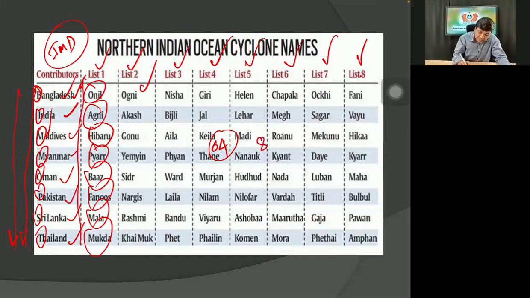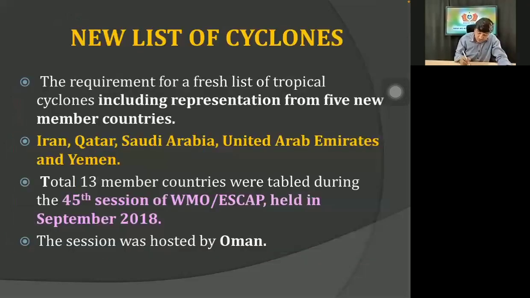So recently, in the year 2019, all these 64 names were completed. And in the year 2018, there was the 45th session, or 45th COP, that was held again in Oman. And recently 5 more countries joined this grouping: Iran, Qatar, Saudi Arabia, United Arab Emirates, and Yemen.